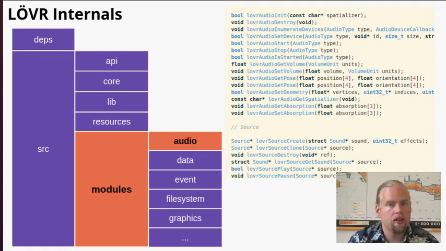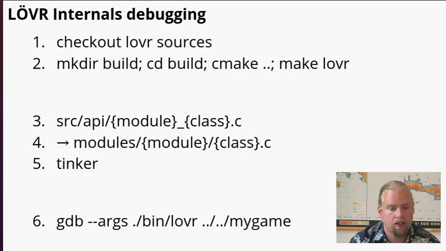If you're digging into the internals, or if you're writing something really hairy, and you have the need to debug C and not just Lua, I thought I'd show you how I work with that. So if you have a problem with a specific Lua API, you can usually just go to source API, the name of the module and the name of the class, and you can find the source right there.